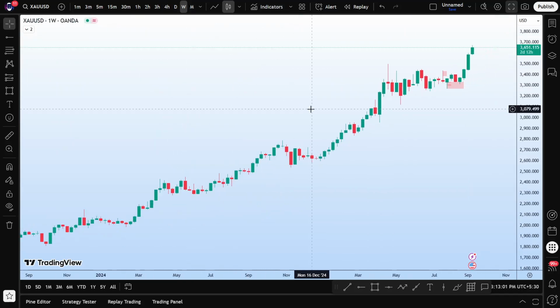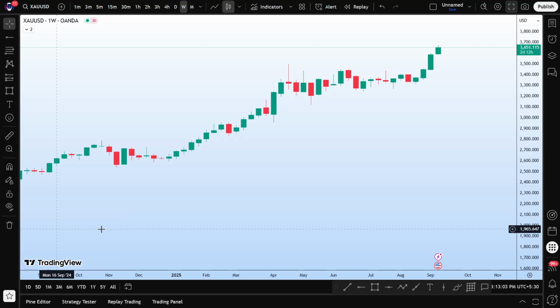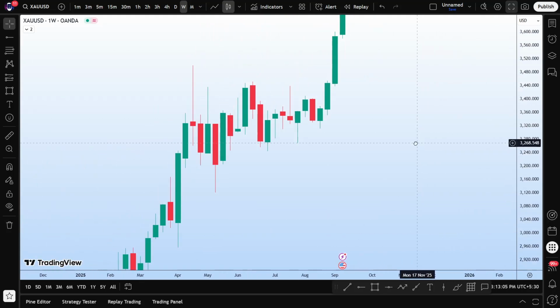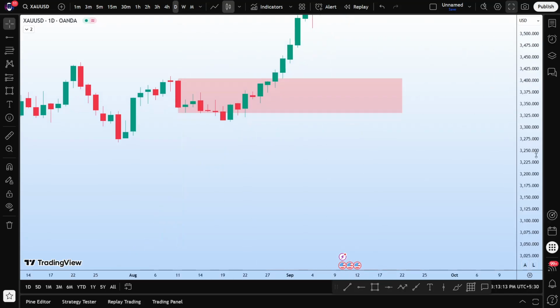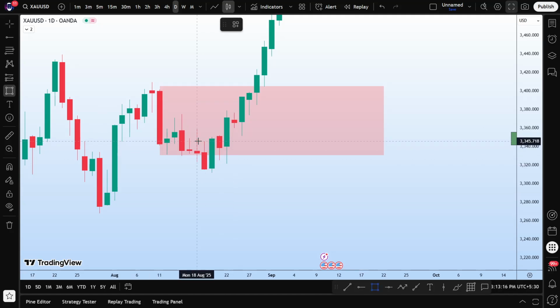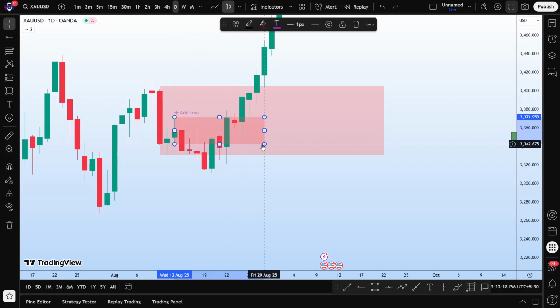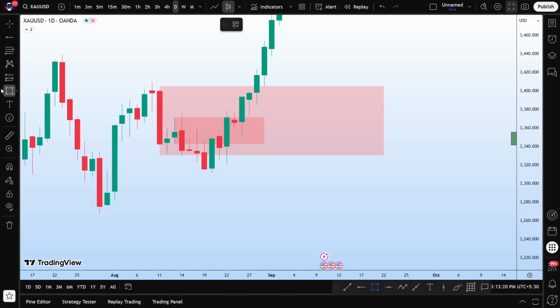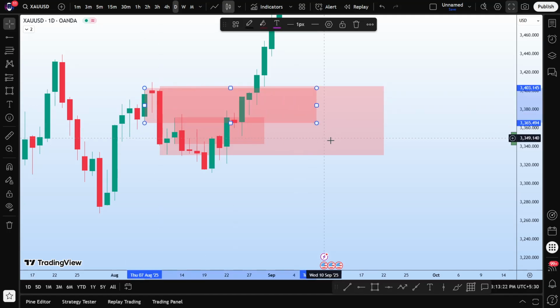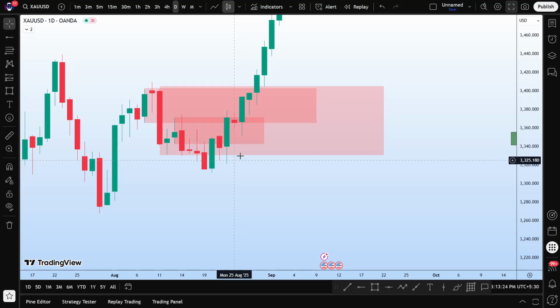If I go to the weekly chart, and look at this buy engulfing pattern on the daily, I can clearly see that there was this engulfing fail and then there was this major engulfing fail as well once the engulfing buy was formed.